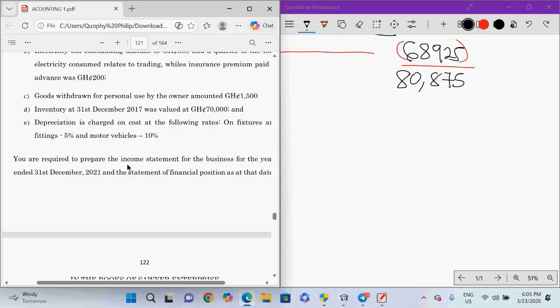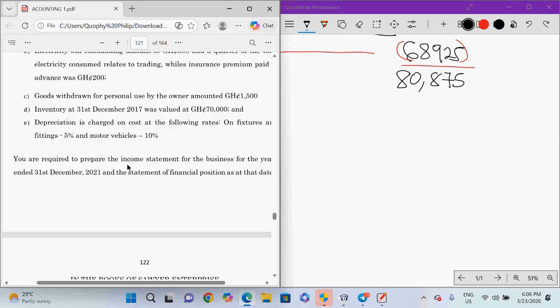But what did you see in your tutorial? Was it goods withdrawn or was it drawings? The drawings and the goods withdrawn, that one comes from the owner. So I thought that he was using it for his or her personal something. Please, have you understood what I'm saying?